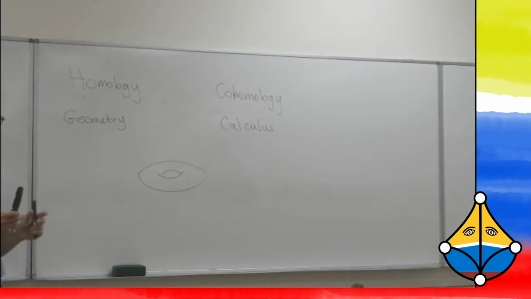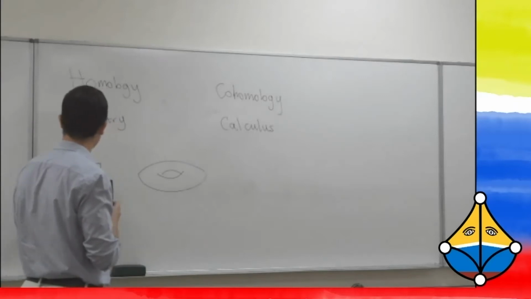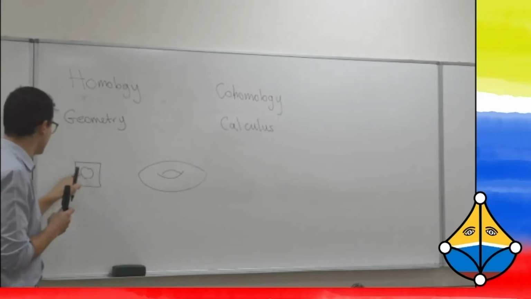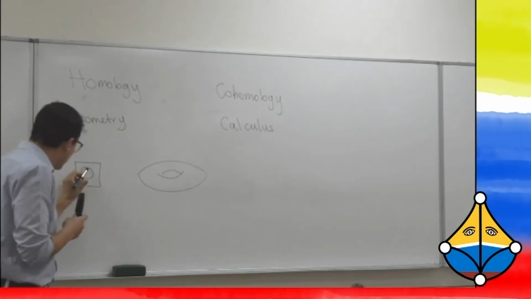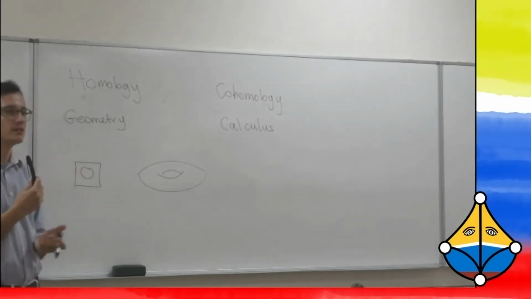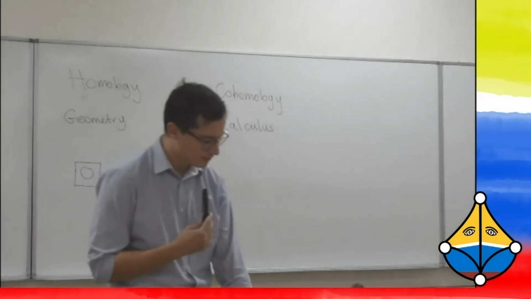It's an empty interior, you see? It doesn't have to be this complicated. Even if I just take a square and punch a hole in it, that's the space, and let's say the boundary is included in the space. If I look at that curve within the space, there's no interior. So this is a way of detecting holes. That's the idea behind homology.